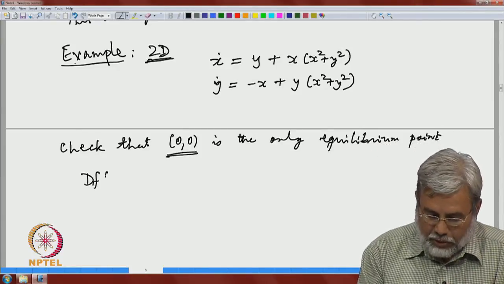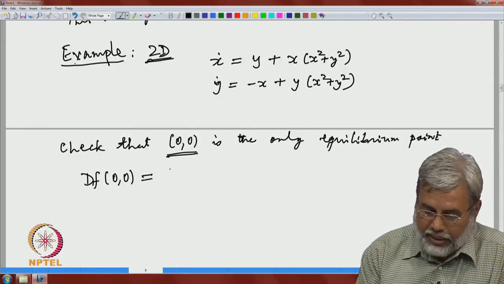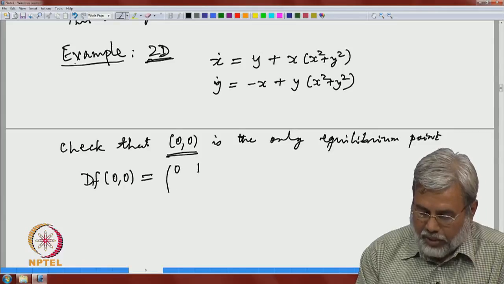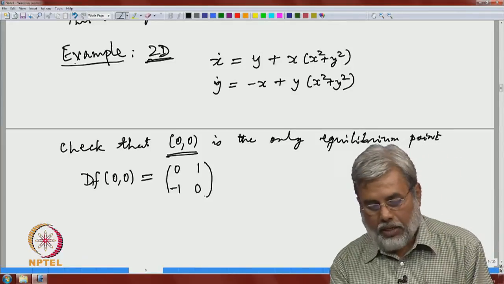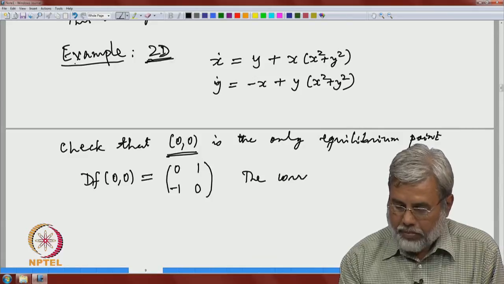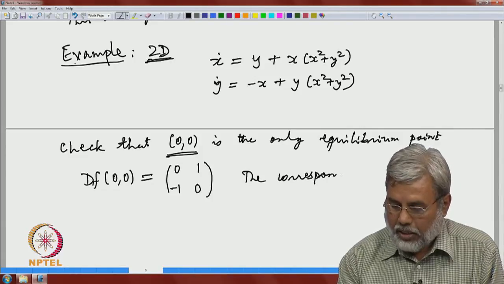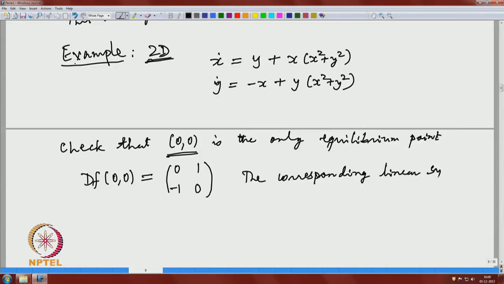So, df at 0 0. Again this is an exercise. You take the partial derivatives etcetera, so you get 0 1 minus 1 0. Okay. So, the corresponding linear system, this is 2, the corresponding linear system is x dot equal to y and y dot equal to minus x.